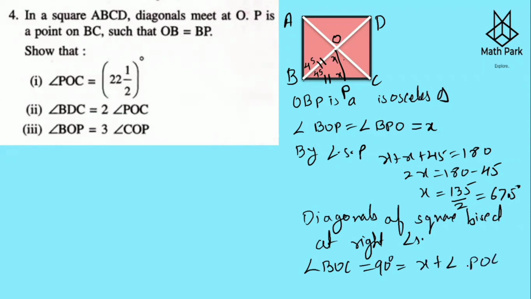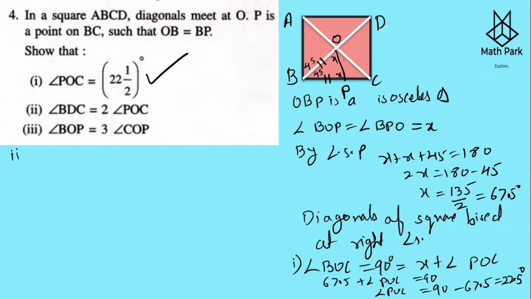So this is how you get X plus angle POC is equal to 90. We already have the value of X as 67.5, so 67.5 plus angle POC is equal to 90 degrees. So you get angle POC is equal to 90 minus 67.5, which is 22.5 degrees. So this is how we have done with the first part.